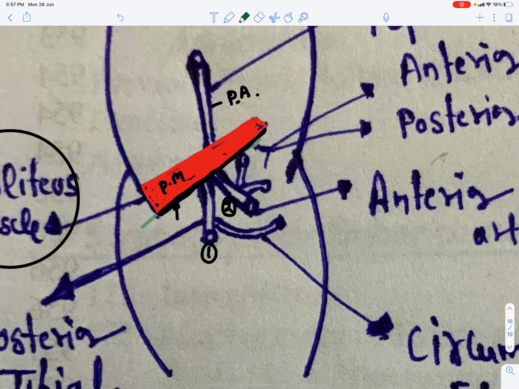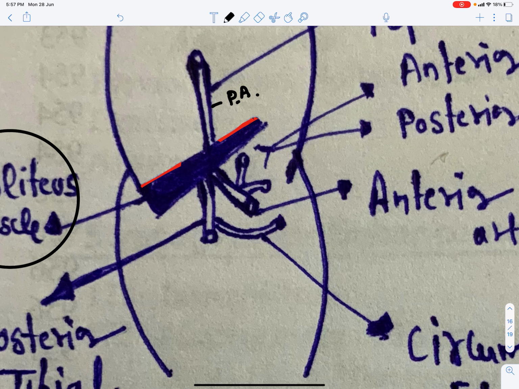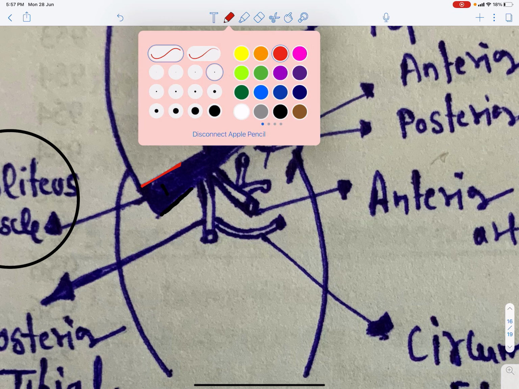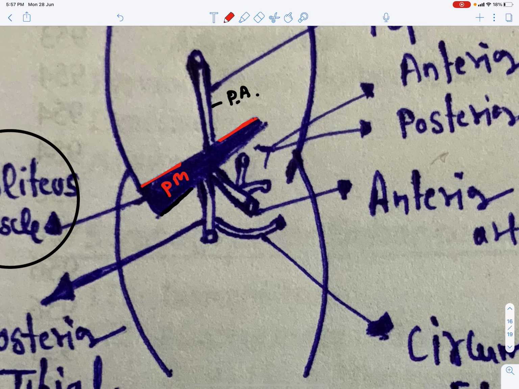Again I'm repeating, pay attention, it's worth it: at the lower border of the popliteal muscle, our popliteal artery divides into 2 terminal branches. What names are given to these terminal branches?